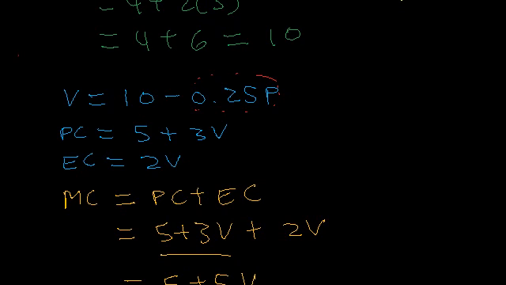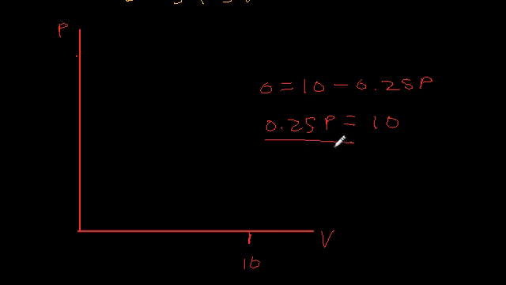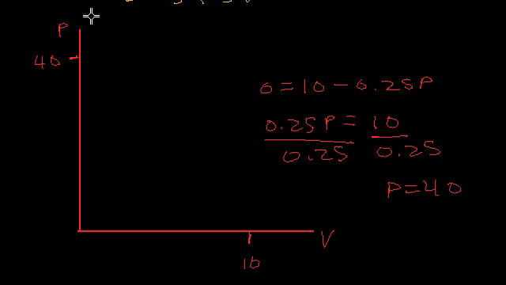We have 0 equals 10 minus 0.25P, and if we put this value on the other side, we get 0.25P is equal to 10. If we divide both sides by 0.25, we'll find out that P is equal to 40. So we'll put that value here, and then we can connect those 2 points, the downward sloping demand curve.